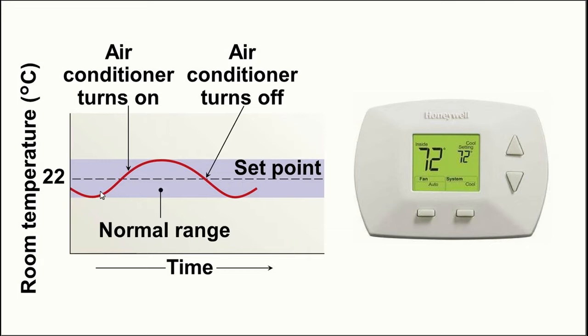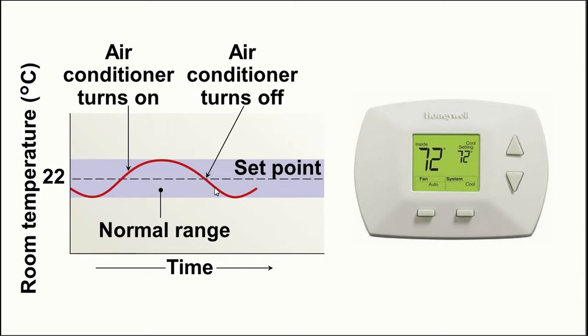Then when our house starts to warm up, our air conditioner turns on, which slowly starts to slow down that rise in temperature, and eventually the temperature in our house starts to go down as the air conditioner pumps cool air into the house and cools it off. After it reaches that set point, the air conditioner turns off.